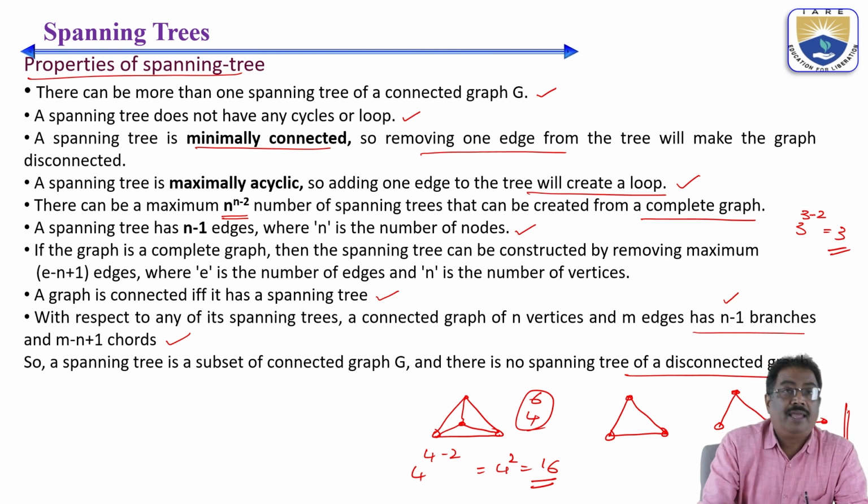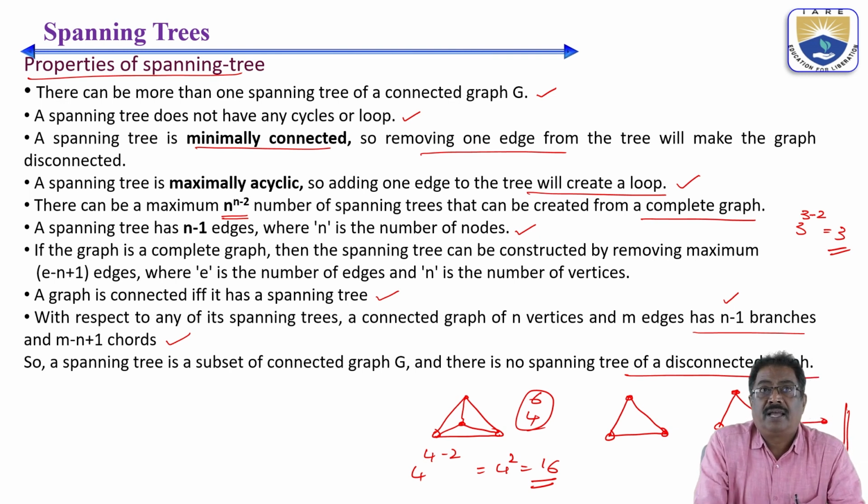Now for a complete graph, a spanning tree can be constructed by removing a maximum of E minus n plus 1 edges, where E is the number of edges and n is the number of vertices. A graph is connected if and only if it has a spanning tree.